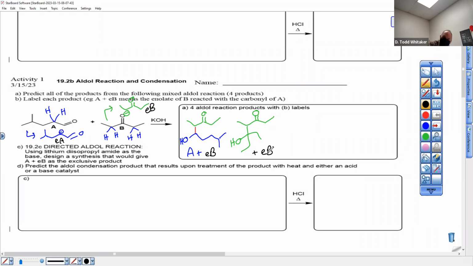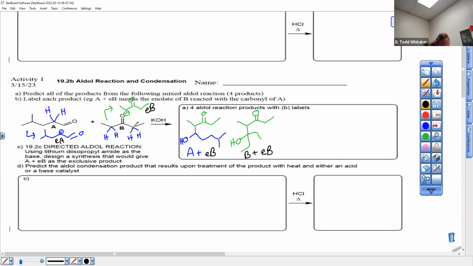With B. So that would be a normal aldol product that would result if A wasn't present. If there's no A, then you're going to get only this product, which is cool, right? We like that reaction. Let's do the other one where you'd only have one product.